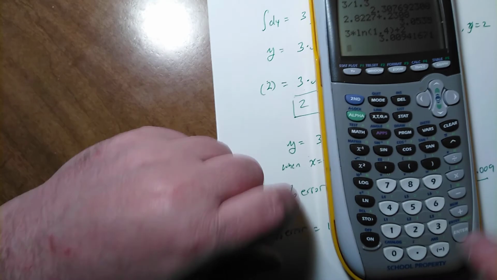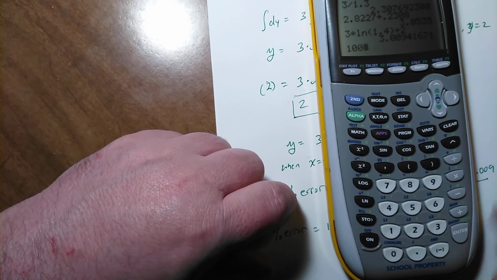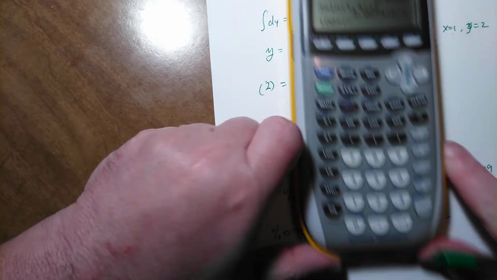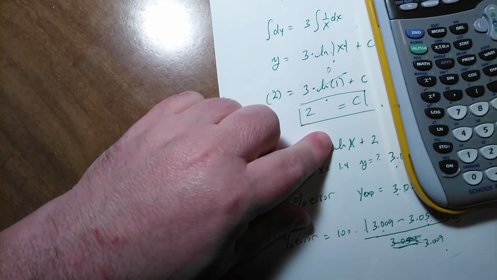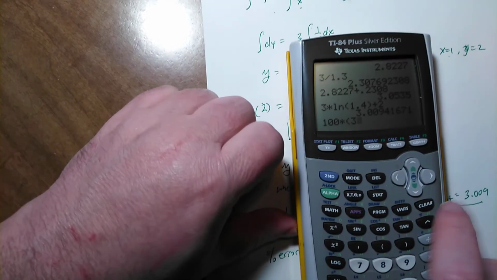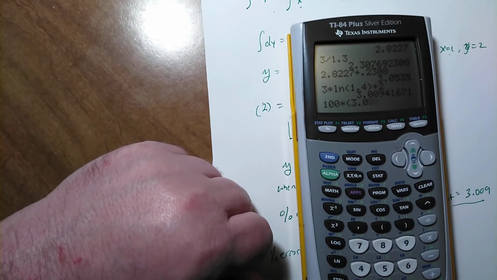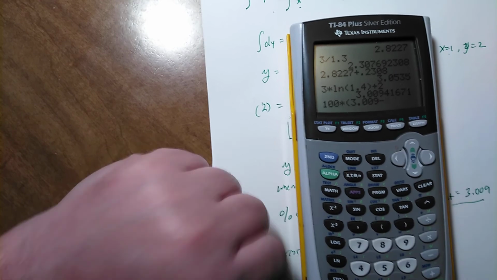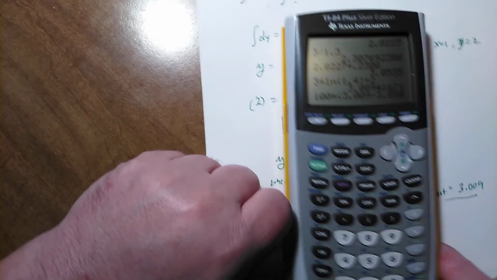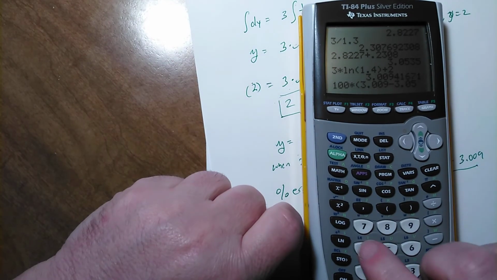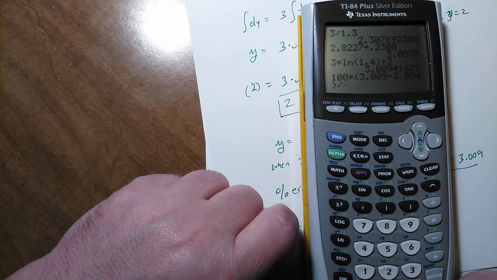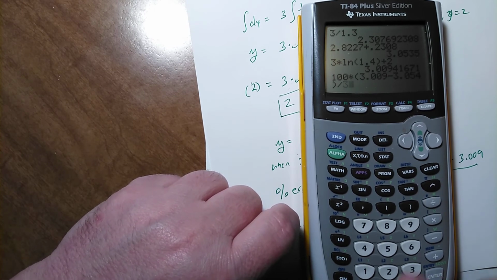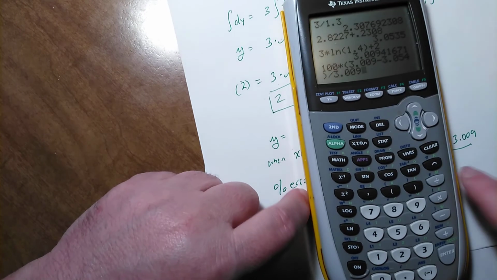So again, this is 100 times parentheses, 3.009 minus 3.054. Was that it? 0.054, it sure was. Parentheses divided by 3.009, that was my actual value.